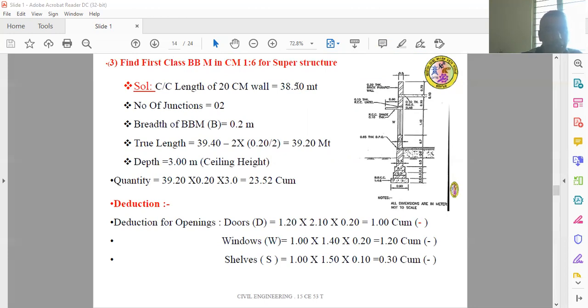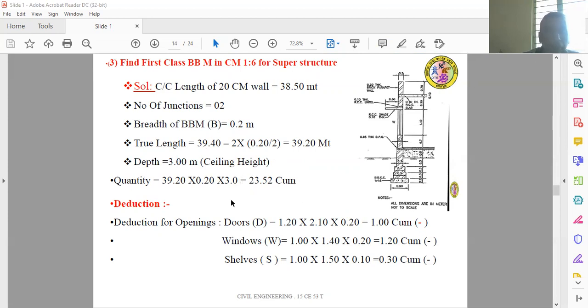After getting these values, you can easily find out the true length, which is 39.4 meter center to center length minus 2 into 0.2 by 2, equal to 39.2 meter. The height of the brickwork is 3 meter, measured from ceiling height. It is 0.7 plus 1.4 plus 0.9, and finally you get the ceiling height of 3 meter. By knowing these three values, L into B into D, finally you get the value of 23.52.